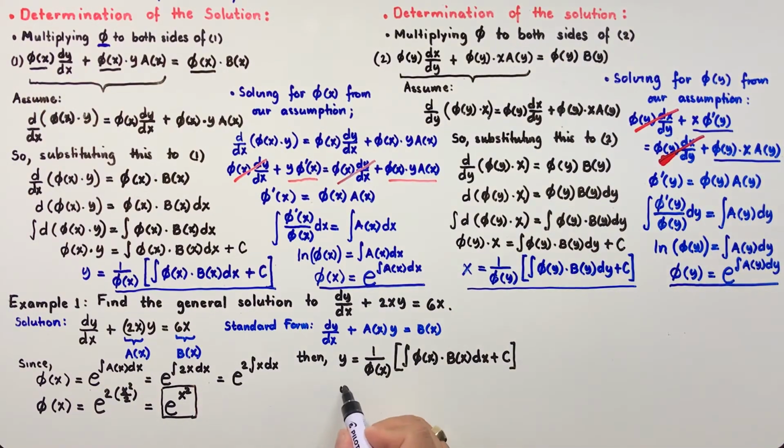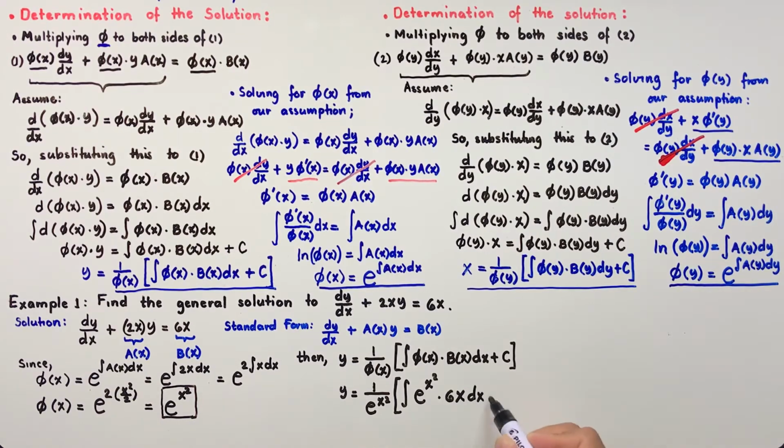And substituting our integrating factor phi of x, we have 1 over e to the power x squared times the integral of e to the power x squared times b of x, which is 6x dx, plus the constant of integration c. And we know that the derivative of x squared is only 2x. So we have an extra factor of 3 here. So we need to factor out the 3 outside the integral symbol.